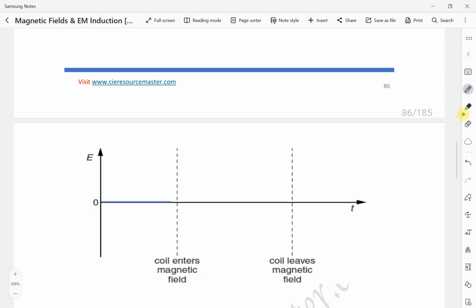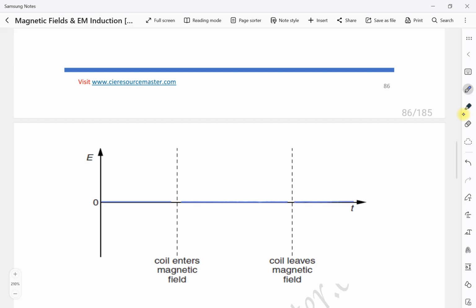And also outside, there is no magnetic field. The Hall voltage is 0, so the induced EMF is 0. Inside, the magnetic field is constant, so still there is no change in magnetic field. So the induced EMF is 0.